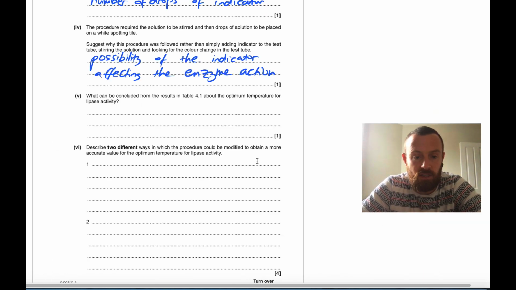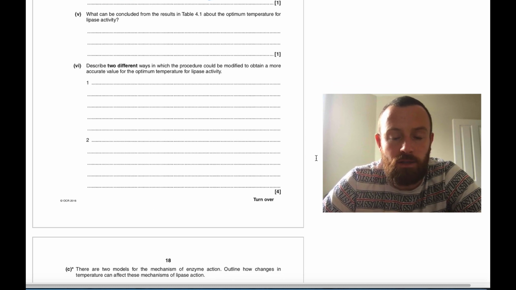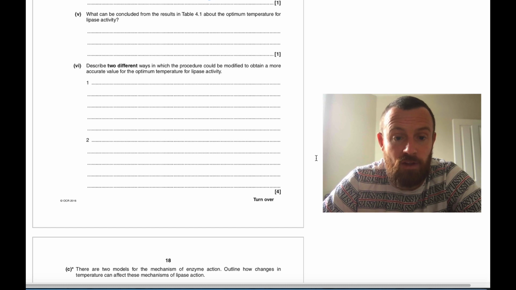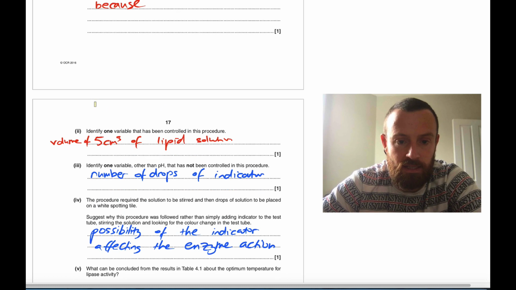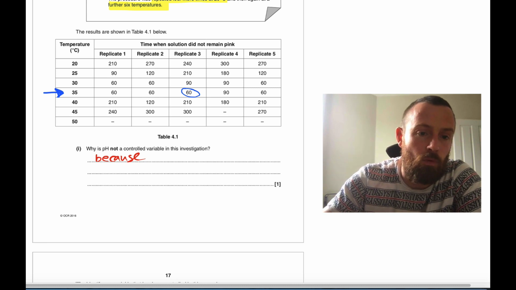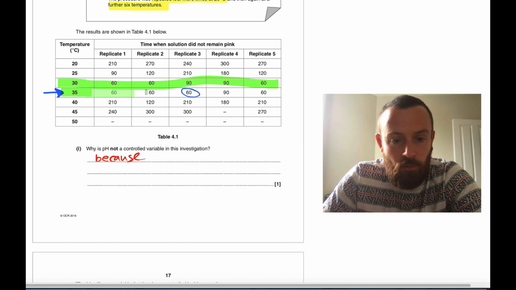Okay, back to this next question here. Describe two different ways in which the procedure could be modified to obtain a more accurate value for the optimum temperature of lipase activity. Okay, right. The major thing is that we need to interrogate this area here in more detail, don't we?